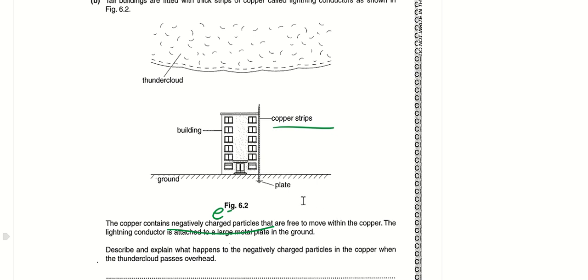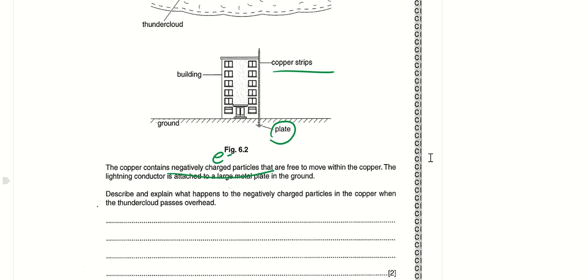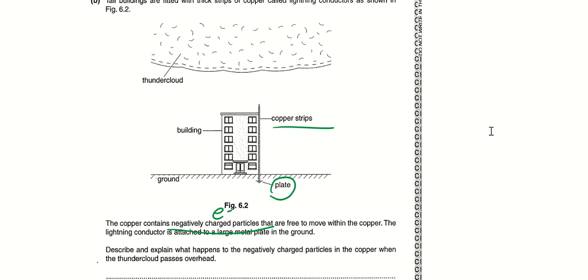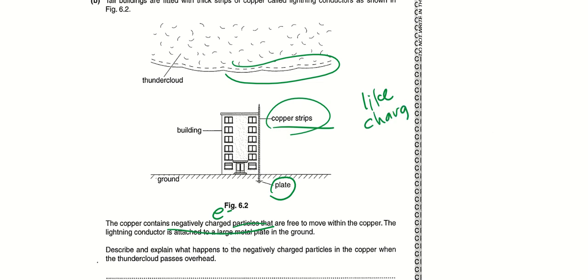So there's this large metal plate. Describe and explain what happens to the negatively charged particles in the copper when the thundercloud passes overhead. So remember, the thundercloud has negative charge, and only the negatively charged particles in the copper are allowed to move. So later on, I'm going to use this: like charges repel.